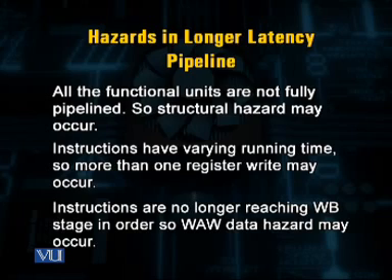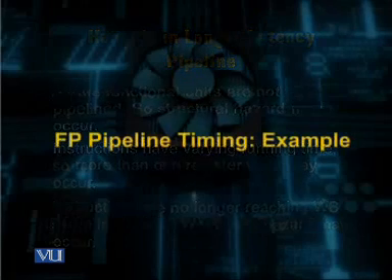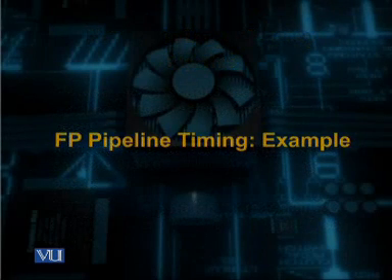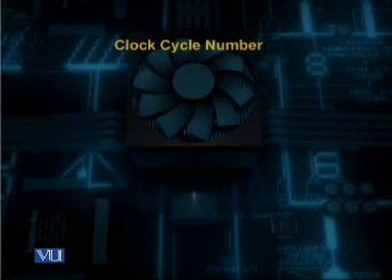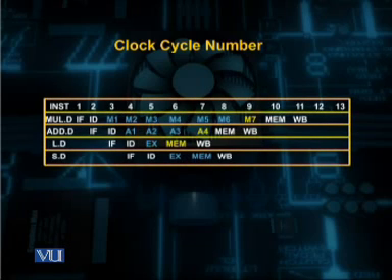Similarly, over here, the instructions are no longer reaching the write back stage in order. For example, as you have seen in this example, the multiply instruction performs the write back operation in the 11th clock cycle, and the store instruction performs the write back operation in the 8th clock cycle.